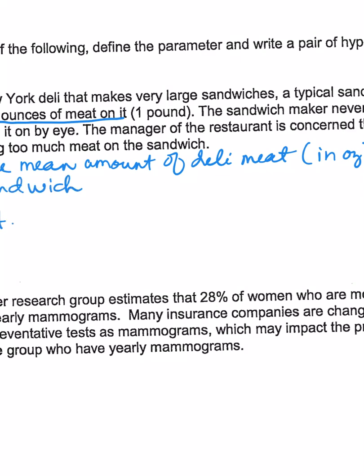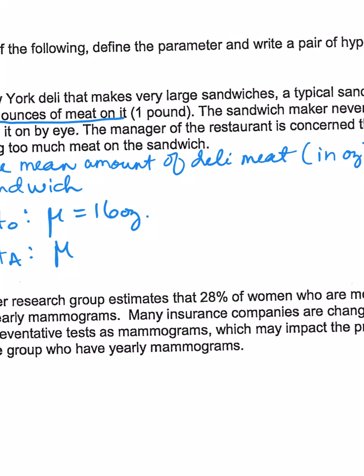Now we need H naught: mu equals what? What do we assume the truth is going to be? What are we testing? Exactly 16 ounces. And HA: mu is what?